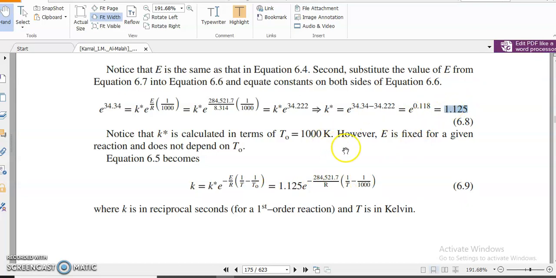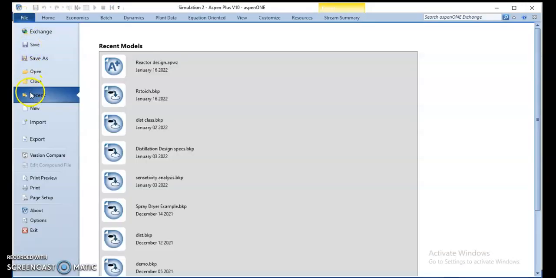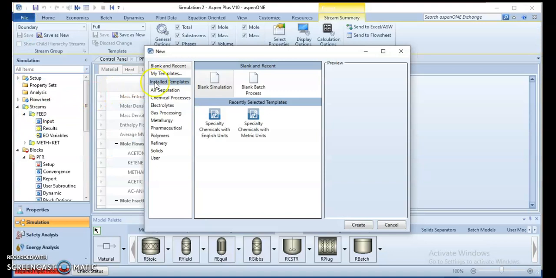So let's start working on Aspen Plus. Let's go to File, New, and we can start with a blank simulation.